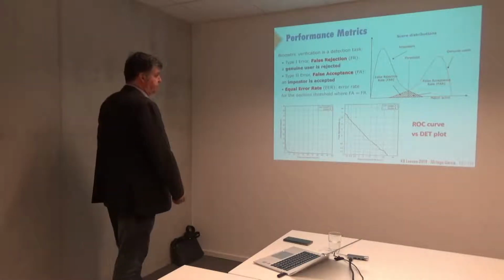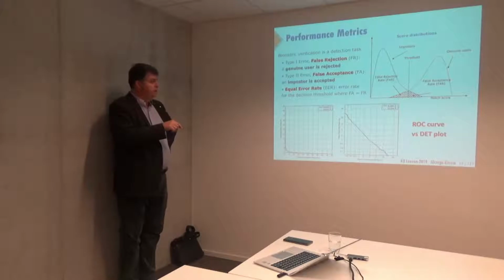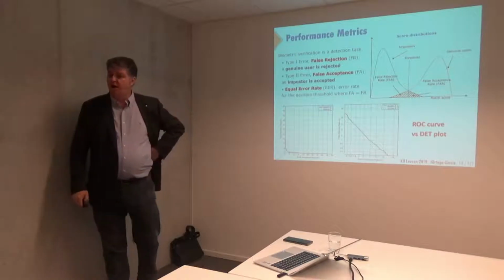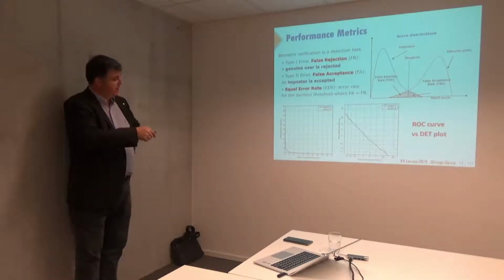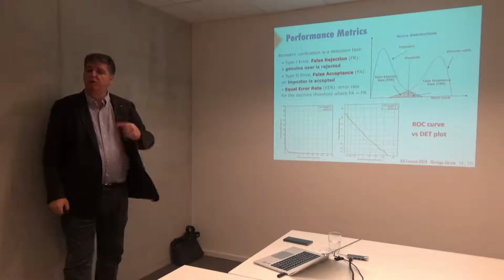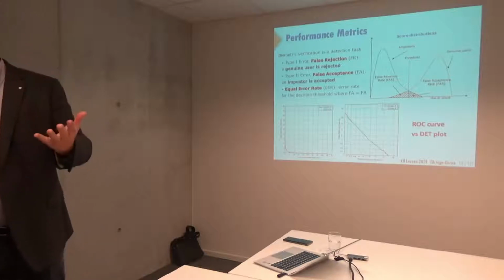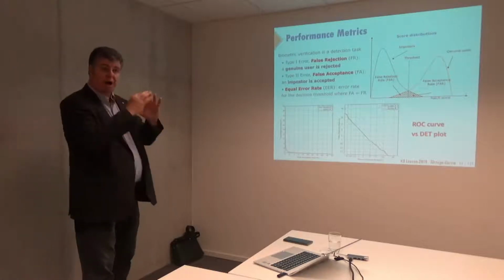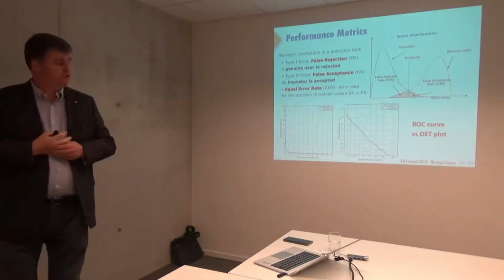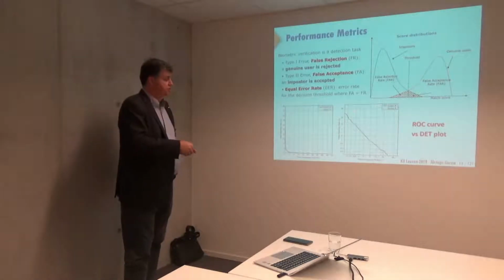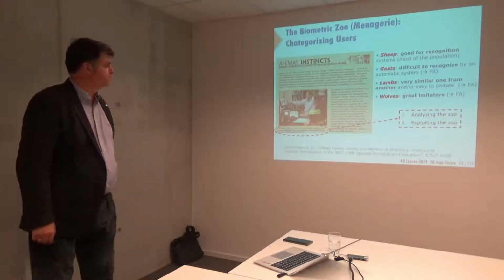You can use just one number, the equal error rate, where FA equals FR. This equal error rate is found exactly here for these two plots. If you want to use just one number as your metric for system performance, but basically, if you want to show how your system is performing, you may use the full picture, which is the full plot.